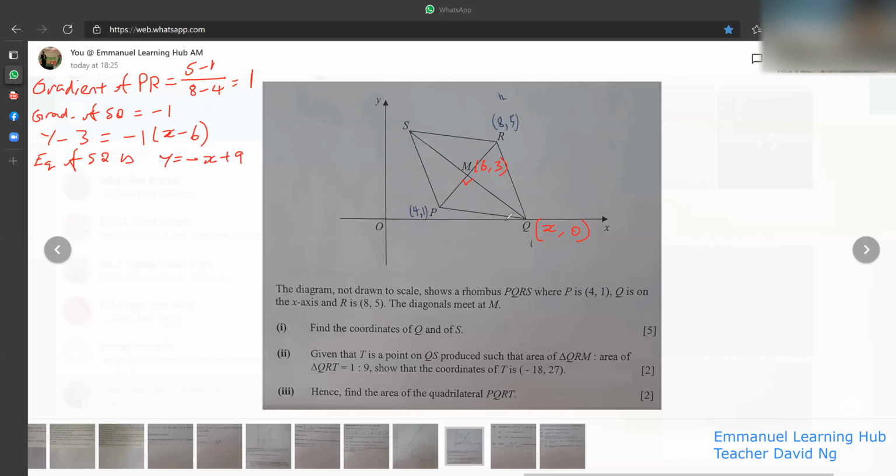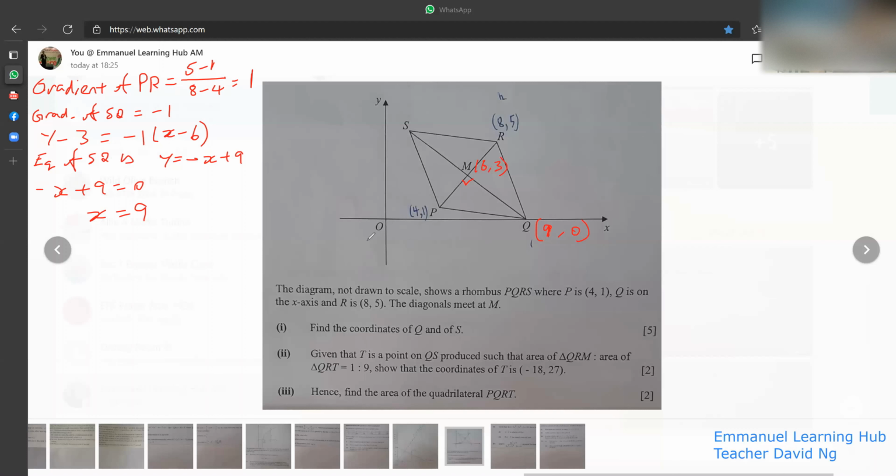That's the equation of SQ. Once you have equation of SQ, you can find coordinates of Q already. Your coordinates of Q is when y is 0. So when y is 0, minus x plus 9 is equal to 0. Your x is equal to 9. Therefore, coordinates of Q will be 9, 0.